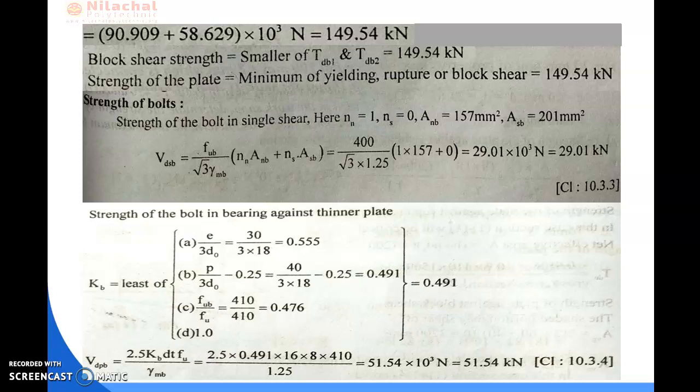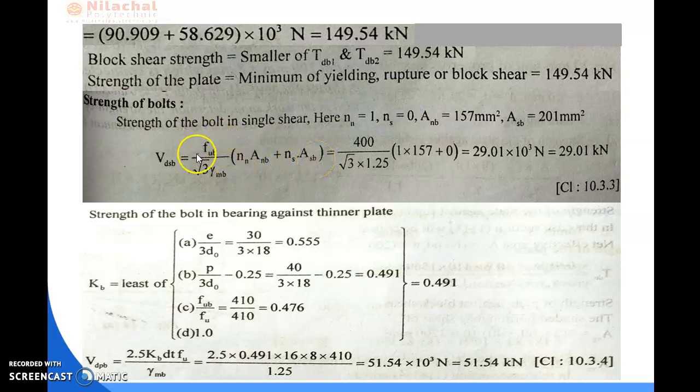So for the shearing strength, the formula is VDSB equal to FUB divided by √3 gamma MB into NN into ANB plus NS into ASB.